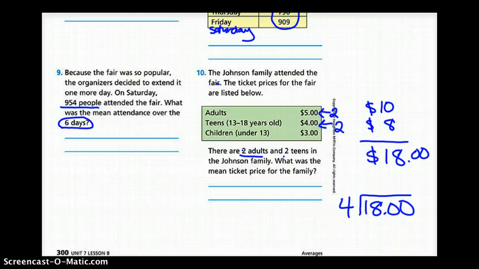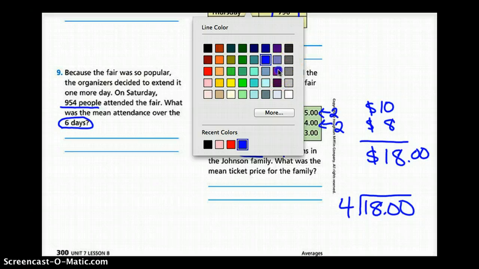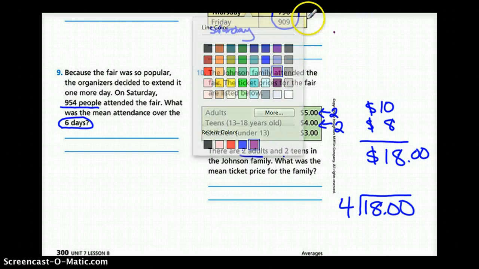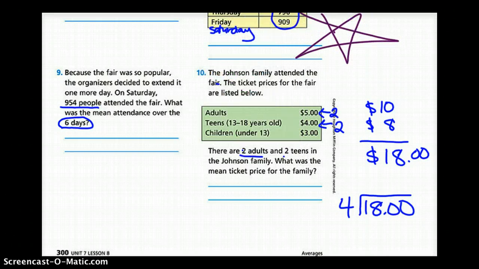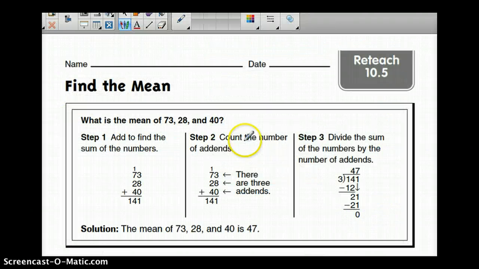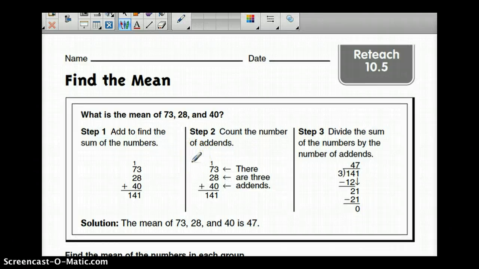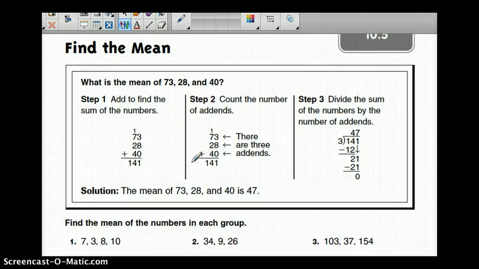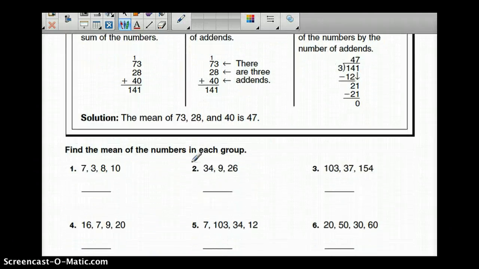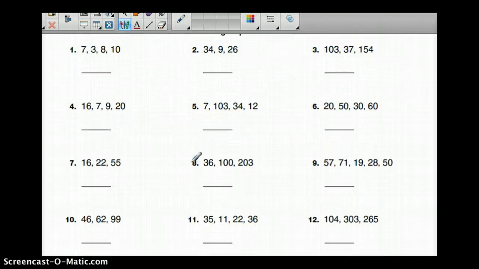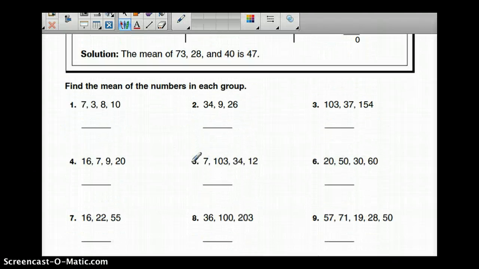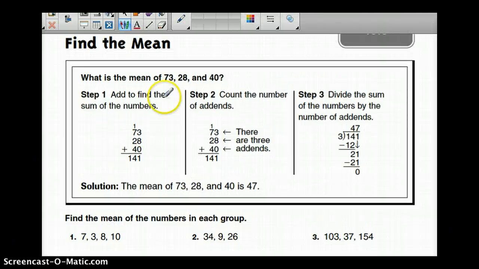Alright, after you finish this page, you're going to raise your hand to receive a star. Then it is going to be time for homework. Your homework will be on this page. You're going to work on finding the mean of sets of data. So again, the directions are on the top, but you find the sum, so you add them all together first.